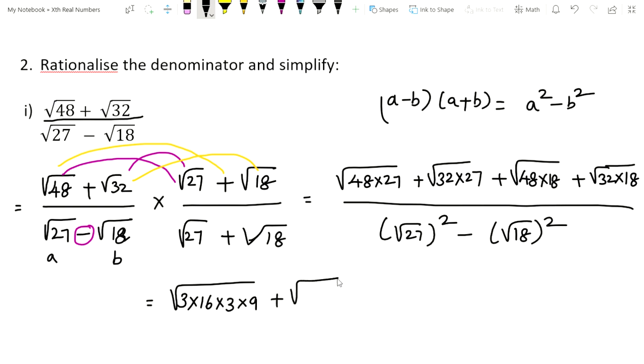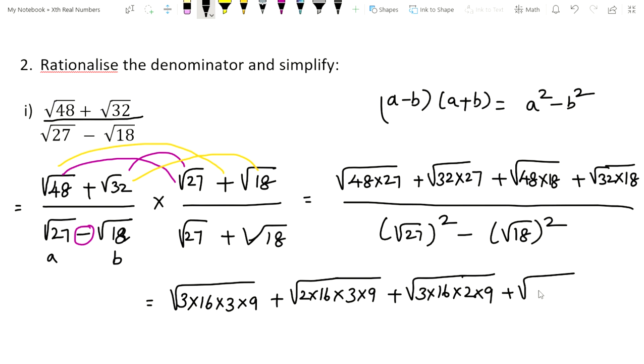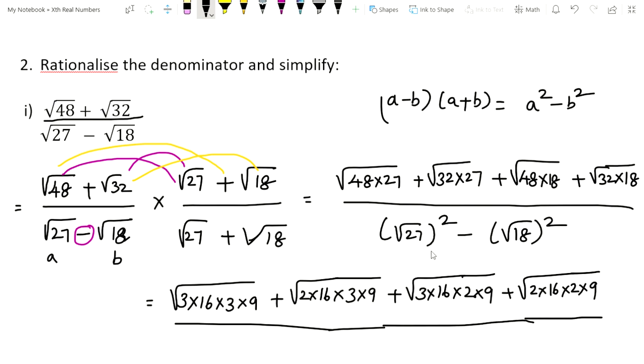Plus root of 32, 2 into 16 into 27, 3 9s are 27. Plus root 48, 3 into 16 into 18, 2 9s are 18. Plus root 32, 2 into 16 into 18, 2 9s are 18, divided by root 27 the whole square.